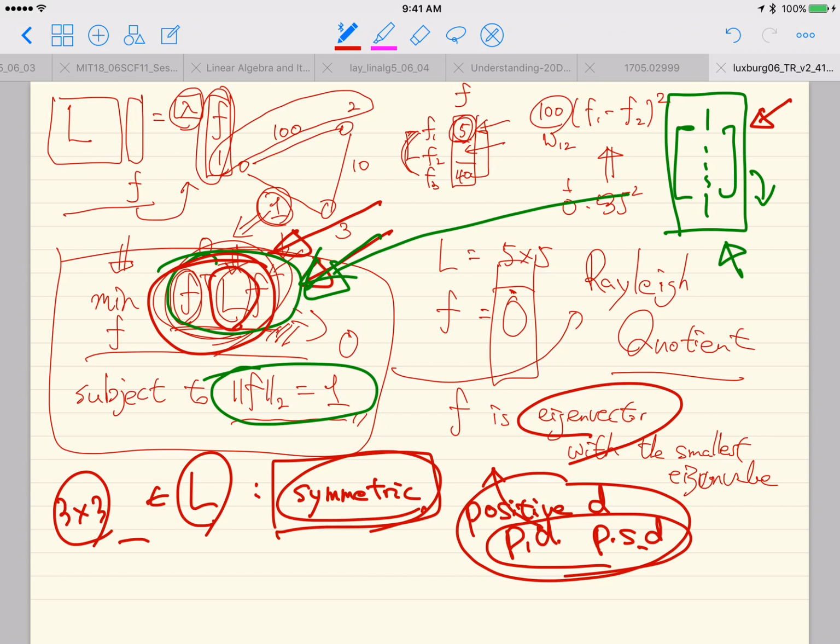Okay, this was the one block case, which is always true in any graph. But if you have sub blocks, suppose we have these kinds of subgraphs in our entire graph. We have 5 nodes, and a connection within the first group and within the second group, but not between different groups.